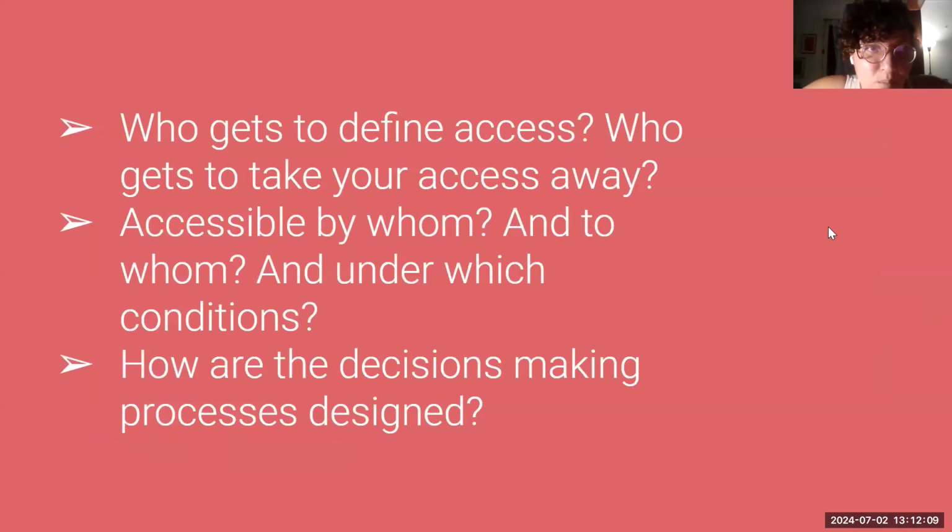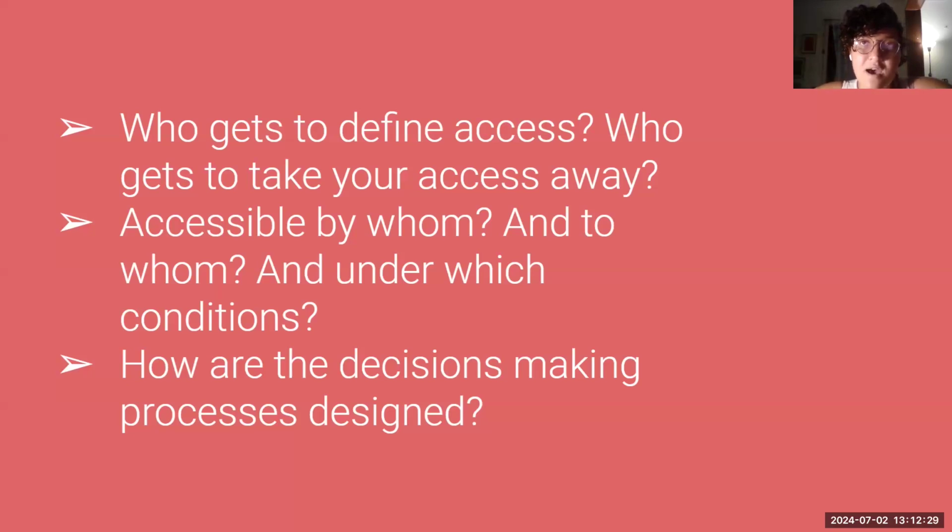Here I am compiling a few questions for all of you to ask yourselves while thinking of access. I know this is part of a bigger program for you where you have been learning about copyrights, digitization, and representation.